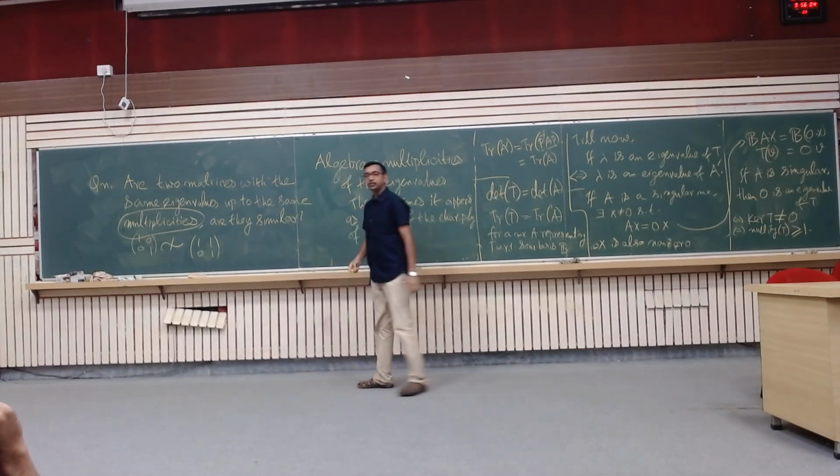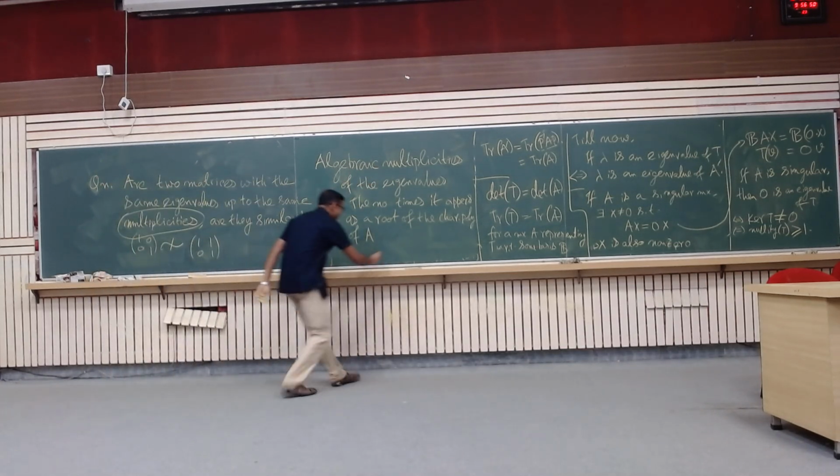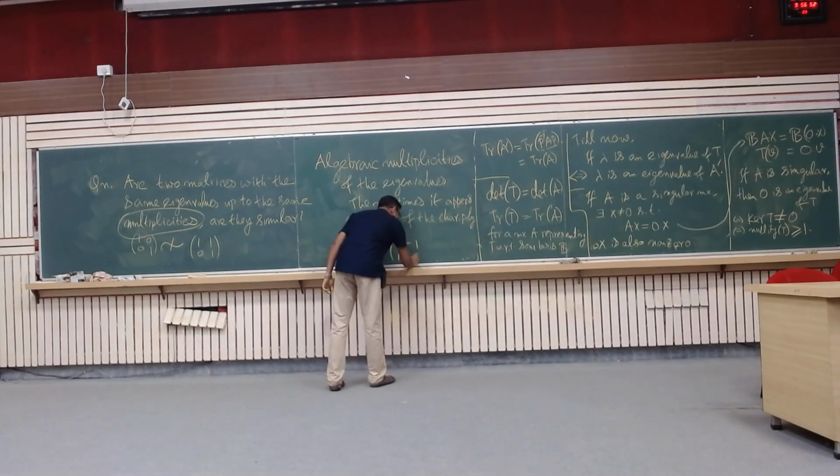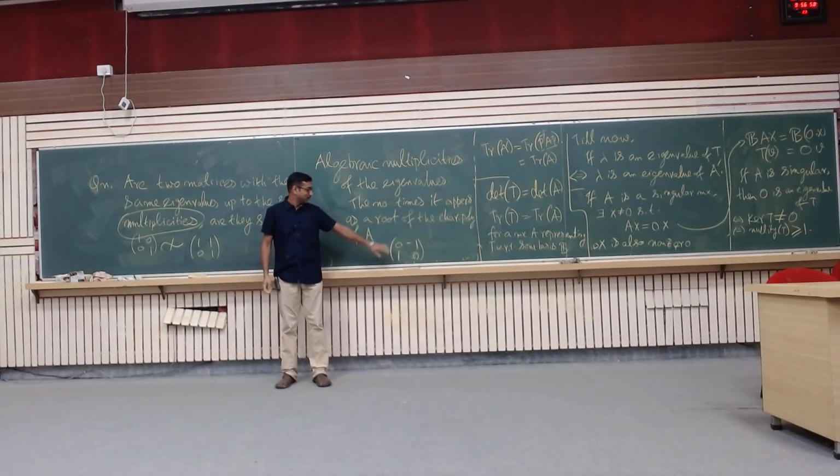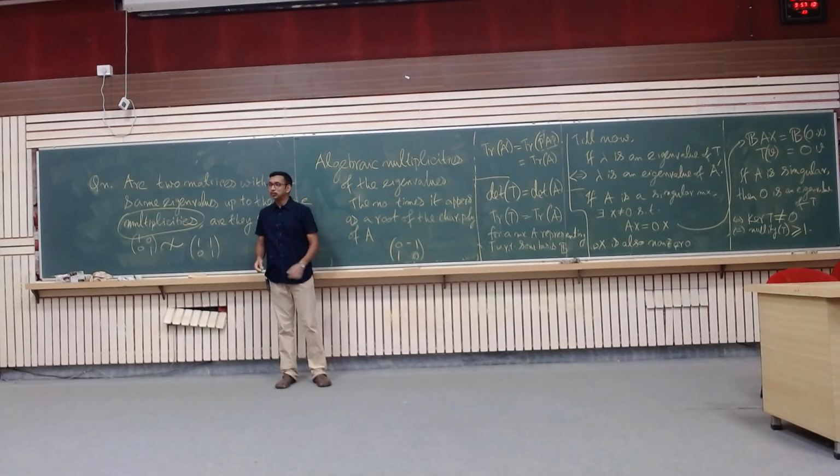For example, take this matrix minus 1 1 0 0. It's a rotation matrix, cos theta minus sin theta cos theta. What's the angle? Pi by 2. You are rotating by pi by 2. Nothing is fixed except 0.